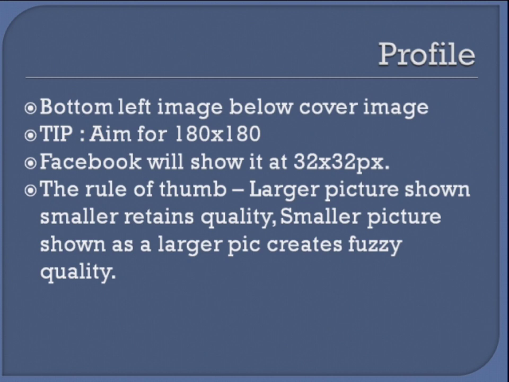But if you go from a smaller picture shown as a larger picture and you make it bigger, then it creates that fuzziness. You know how you've seen videos and images that have that fuzzy quality? That's why. So you definitely want to aim for a larger number. So we're going to create a 180 by 180 picture.